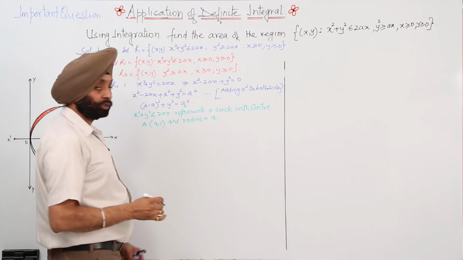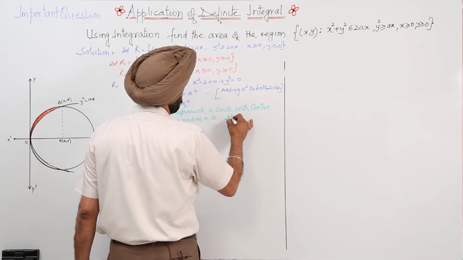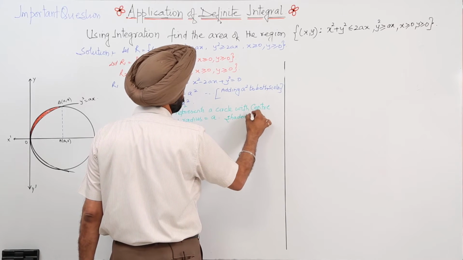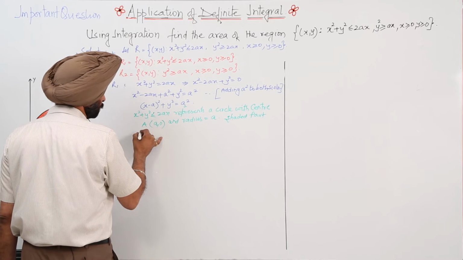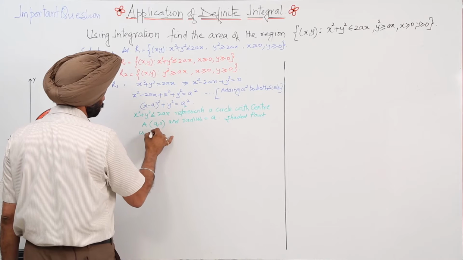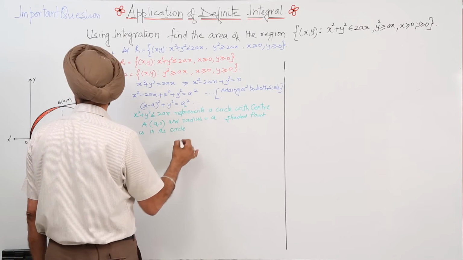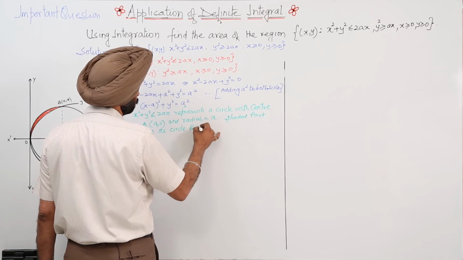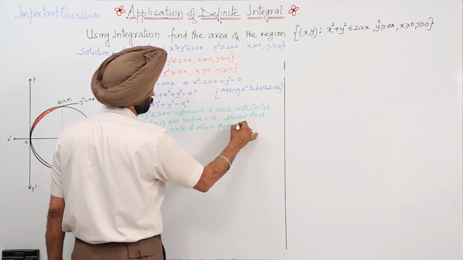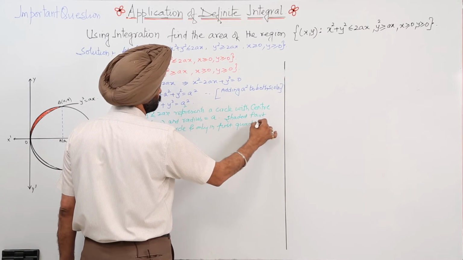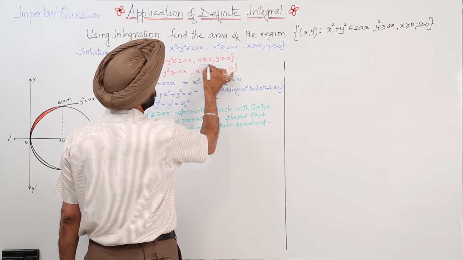This is the radius, a². The shaded part is in the circle and only in the first quadrant. Now why in the first quadrant? Because they have given us this statement.